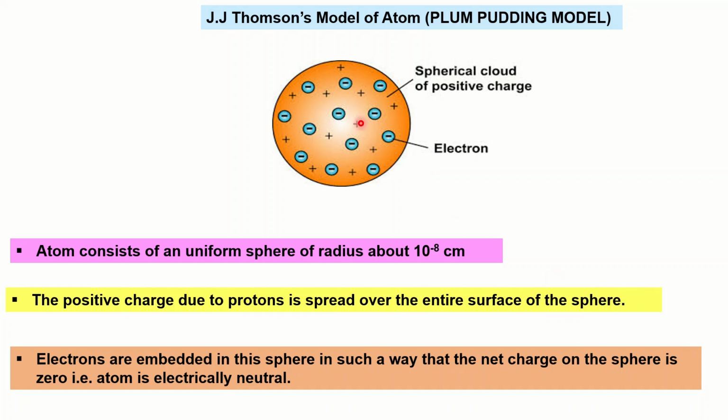See, these are the positive charges. These are spread over the entire surface of the sphere. Electrons are embedded in the sphere in such a way that the net charge on the sphere is zero. That means Thomson is also saying that an atom is electrically neutral.